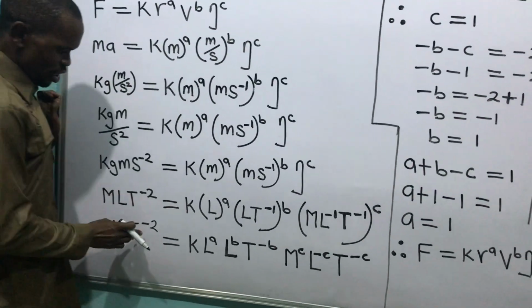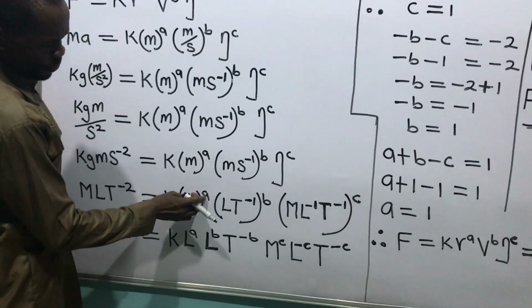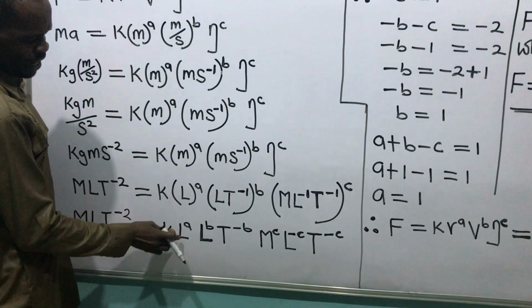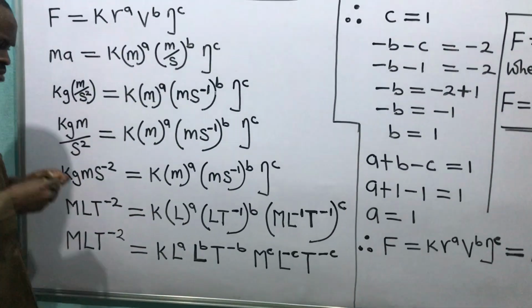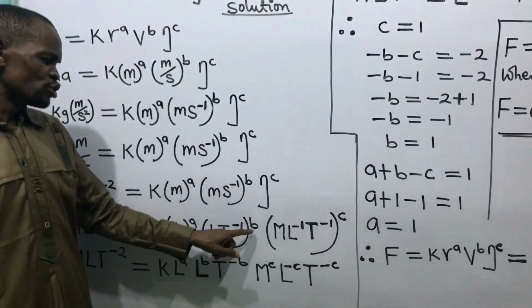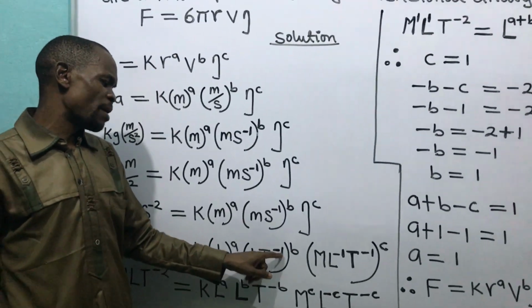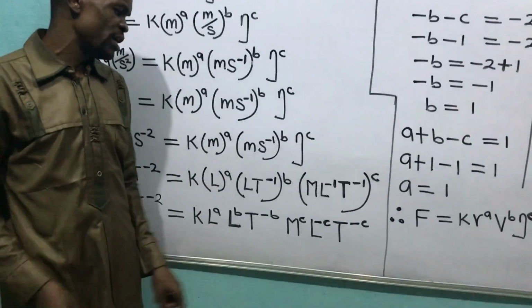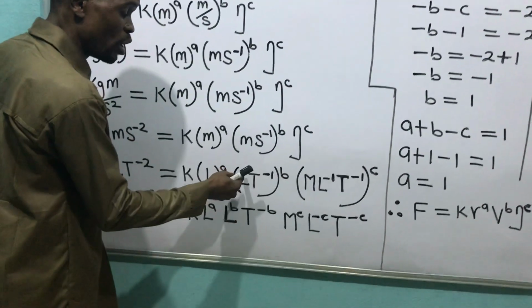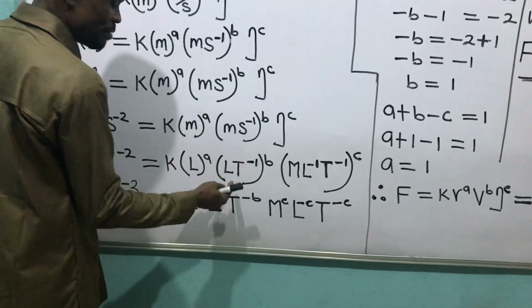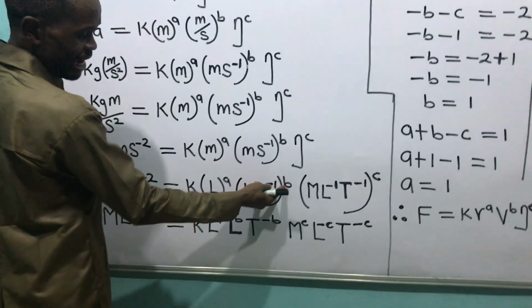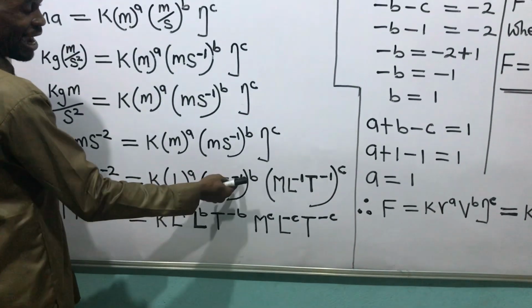Then opening this bracket, I have K, this L will be raised to power A, and the L here will be raised to power B, and T raised to power minus 1 will be raised to power minus B. If you open this bracket, the power here will multiply every power inside this bracket.